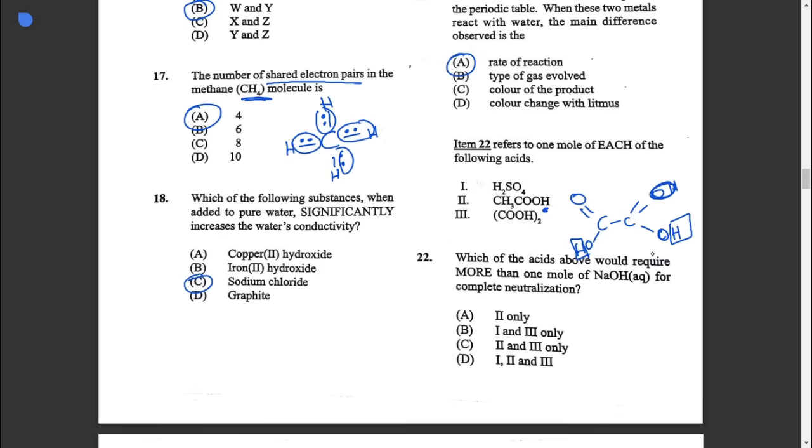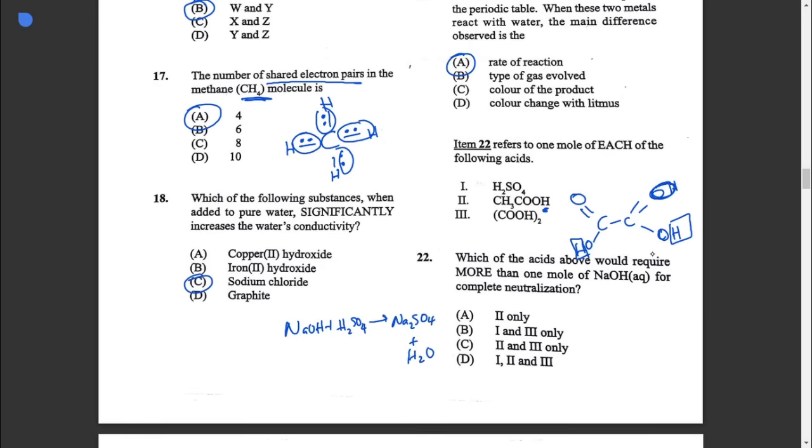For question 22, which of the acids above would require more than 1 mole of sodium hydroxide for complete neutralization? If we were to write the neutralization reaction, sodium hydroxide plus sulfuric acid produces sodium sulfate, which is the salt, and water.